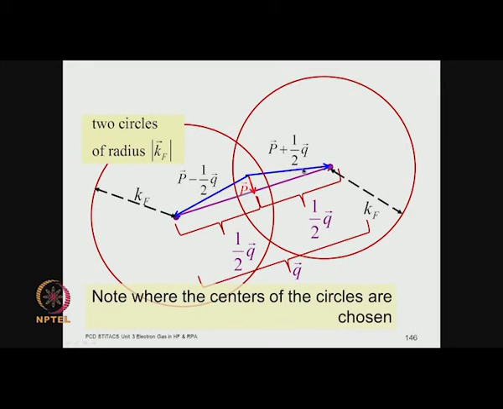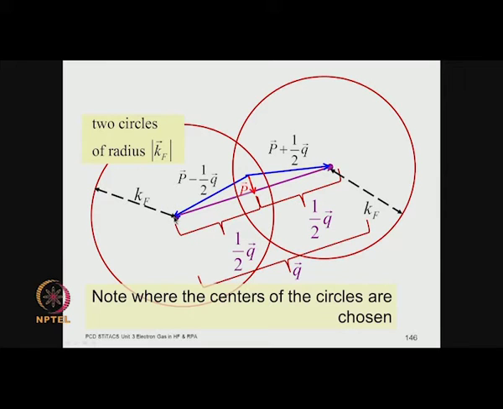To this geometry, what we do now is take this as a center and draw a circle of radius kf, and take this point as the center of another circle of radius kf. So, both of these points, one at the tip of the vector P plus half q, we have seen how you get this vector, and the other at the tip of the vector P minus half q.